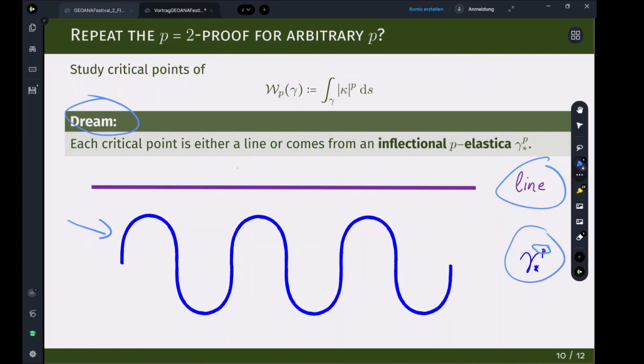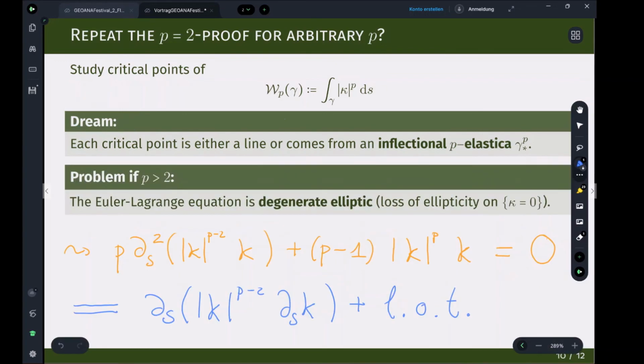If we find out about such a result, but we have a problem. Namely, for p bigger than 2, we can have much less regular critical points, and this is again because of the degenerate ellipticity, where we lose the ellipticity where the curvature vanishes.